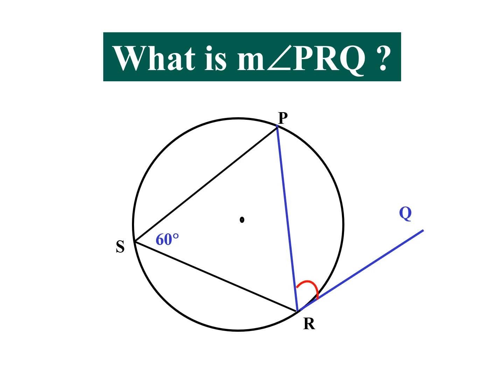Since we have the inscribed angle 60 degrees, therefore automatically this arc is equal to 120 degrees. And from that, we are going to divide 120 degrees by 2. So therefore, measure angle PRQ equals 60 degrees.